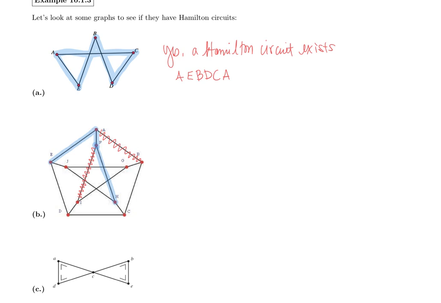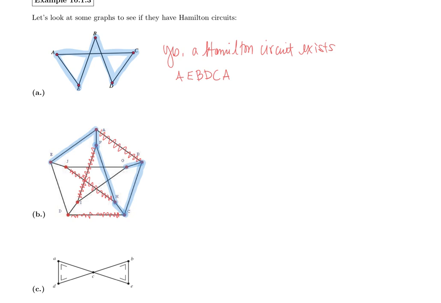From H, if I go to J, I'll get back to E, but I didn't use every vertex, so that's not going to work. So maybe we go to C. But now we've just eliminated this vertex. Okay, so now from C, we need to catch B, so let's go up to B. All right, but now we've eliminated this vertex. From B, we'll go to G, because that's our only option now.